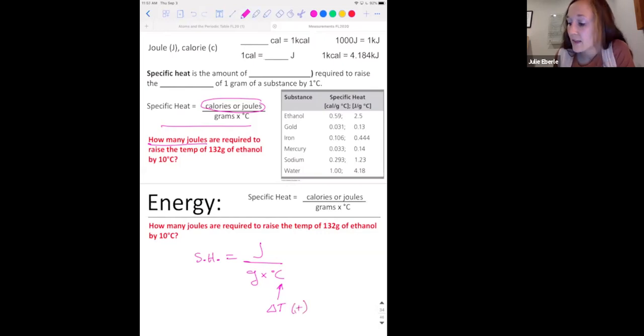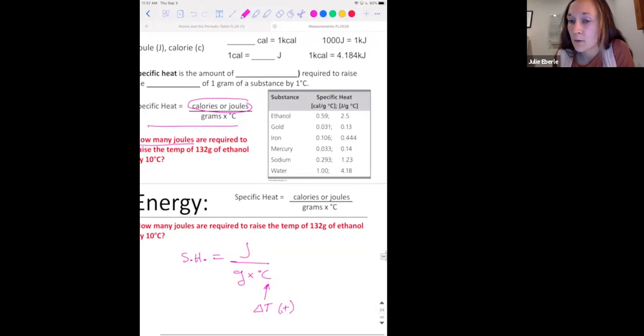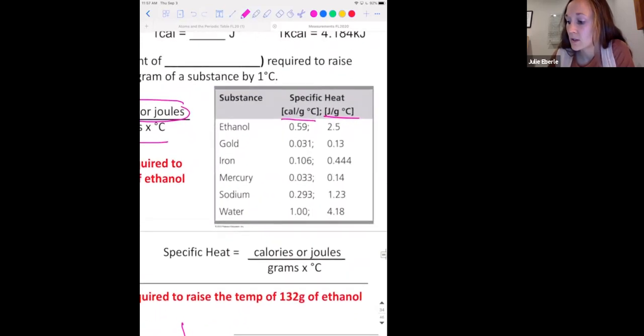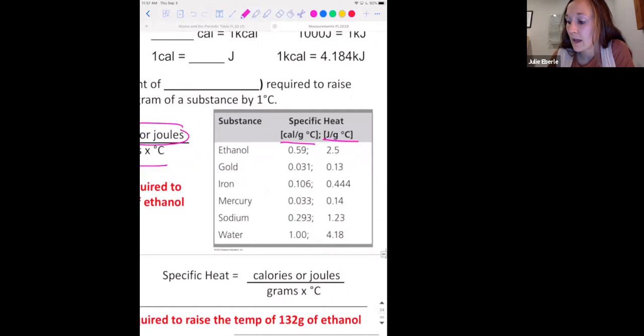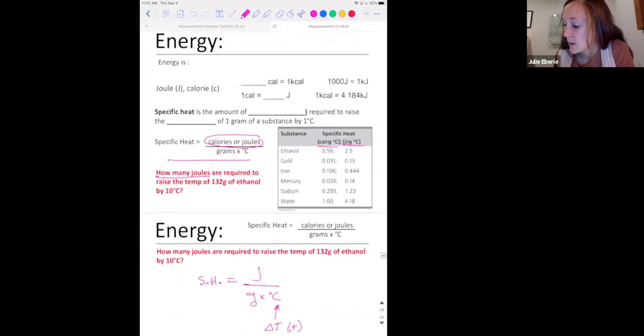Okay. And then not only that, but based on what the question's asking for, if it's asking for joules or calories, you need to pay attention to which specific heat you plug in. Because often specific heat can be given to you in calories per gram degree Celsius or joules per gram degree Celsius. So here, because we were wanting to solve for joules, I'm going to pick a specific heat from this column based on what my substance is.